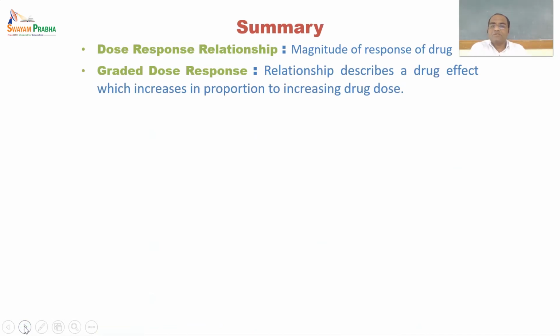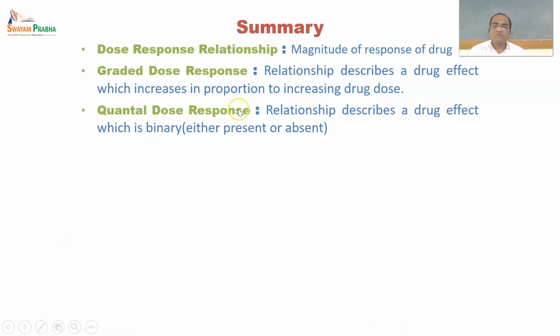After that, the graded dose response relationship describes a drug effect which increases in proportion to an increase in drug dose. We have seen with the graph that as the concentration of drug increases, there will be an increase in effect, and this relationship is said to be a graded dose response relationship, and it is for an individual.